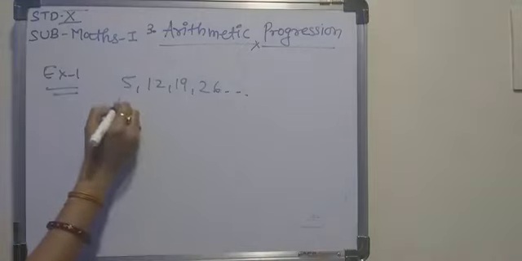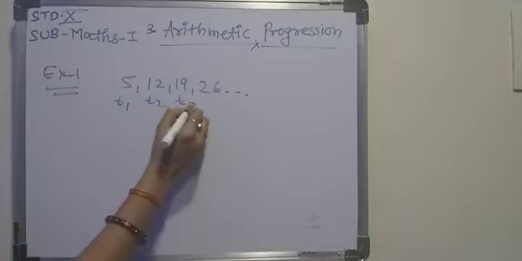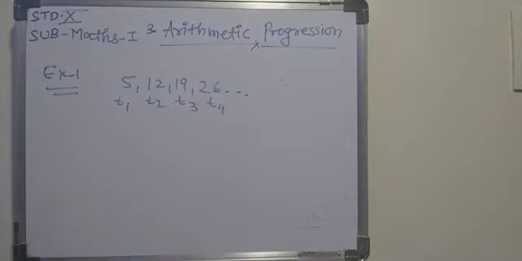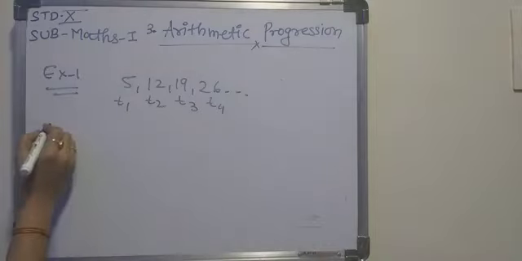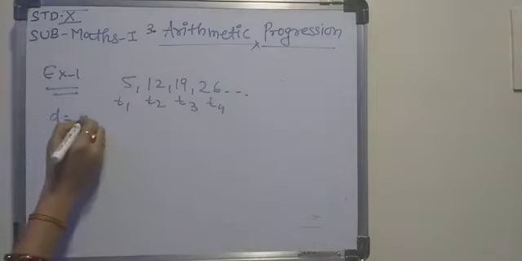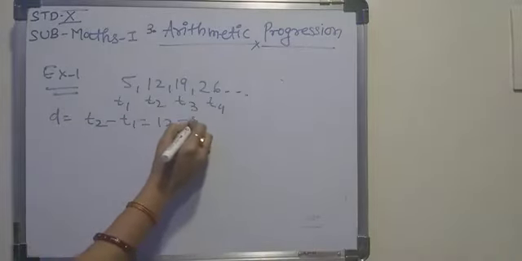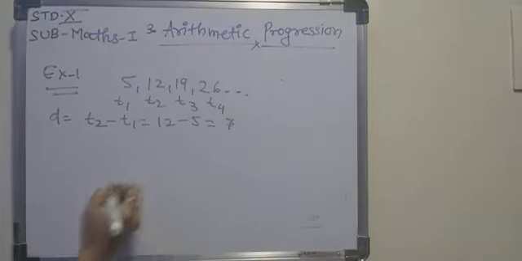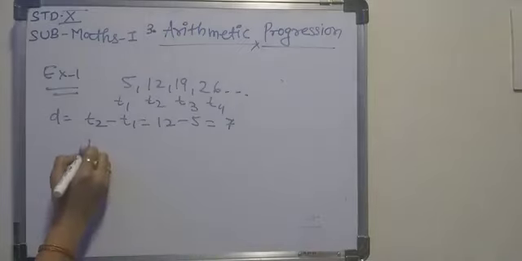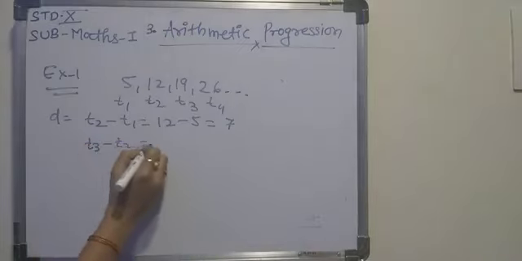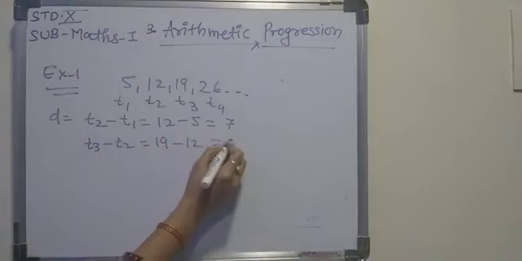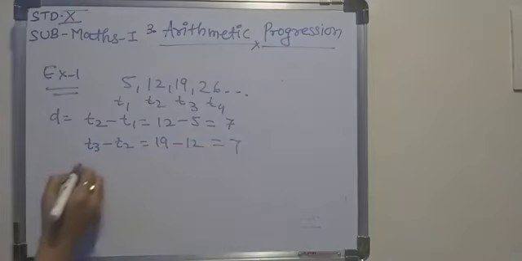So here this is your T1, T2, T3 and T4. For AP, the common difference should be the same. Common difference, the D value, is T2 minus T1, which is 12 minus 5, 7. And T3 minus T2 is 19 minus 12, again 7.